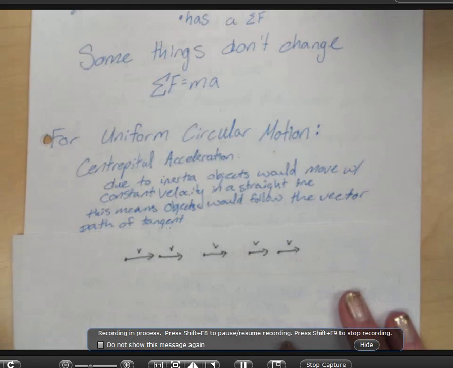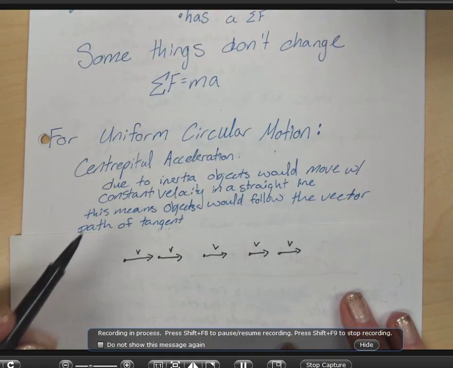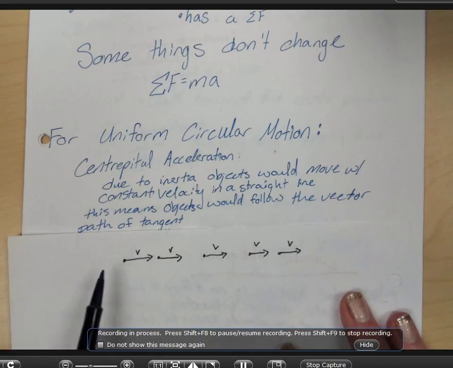There's no net force to cause it to change its direction. So any object not experiencing a net force will follow the vector path of its tangential velocity.